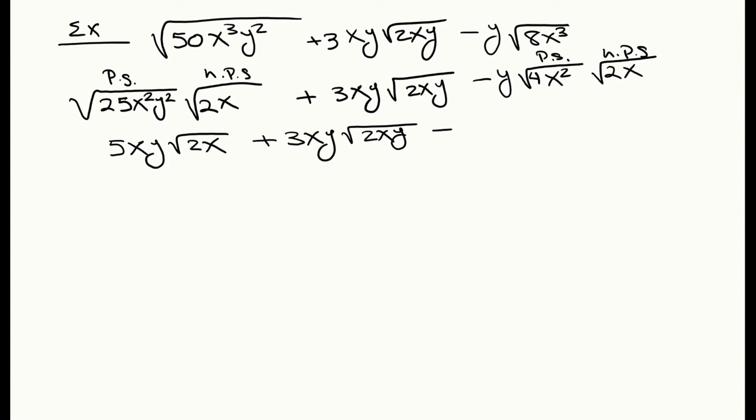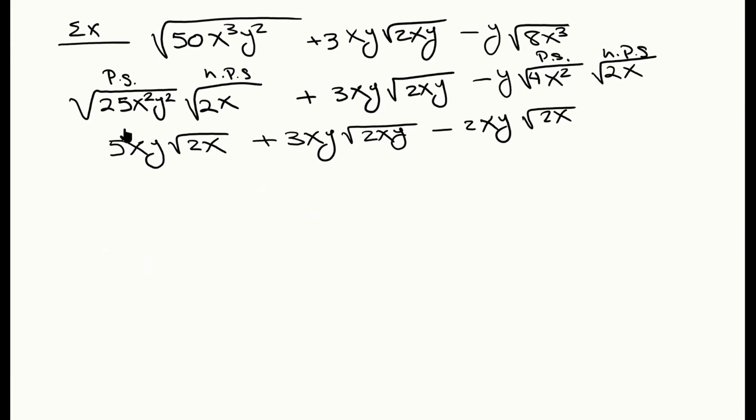So 2xy radical 2x. Note if all three had ended up being square root of 2x, we would have been able to combine all of those. But as it stands, this one is not going to factor out along with these two.